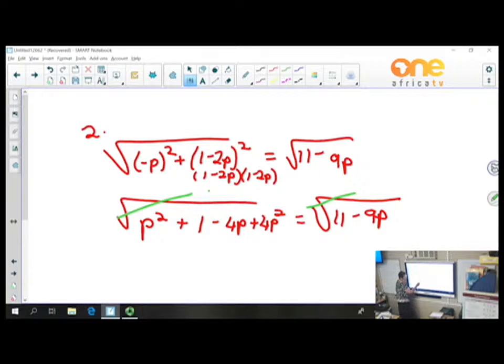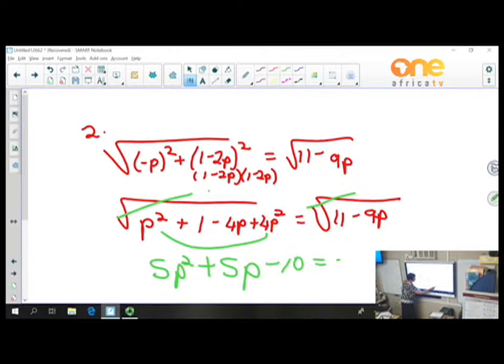So now here I will add my like terms and I will have 5p squared. So this is then 5p squared, negative 4p plus 9 will then be plus 5p, and plus 1. Okay, and I bring it over, then it is minus 10 is equal to 0.